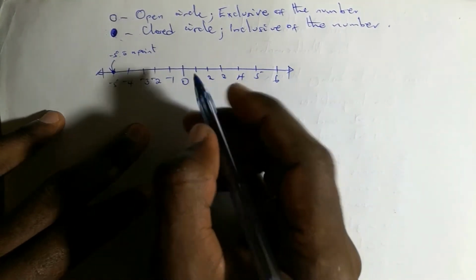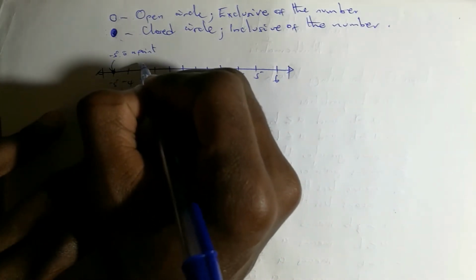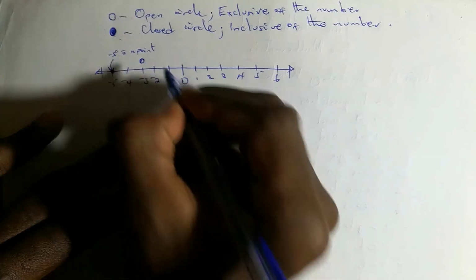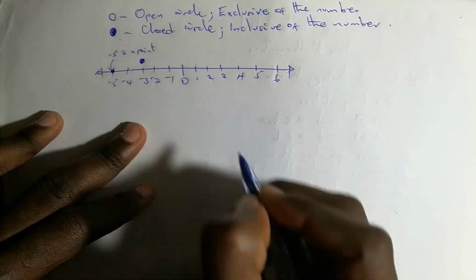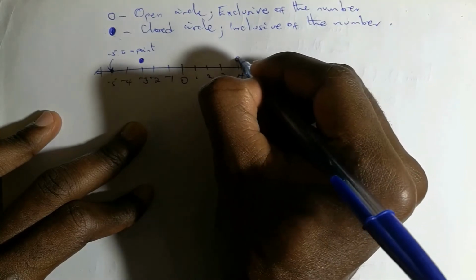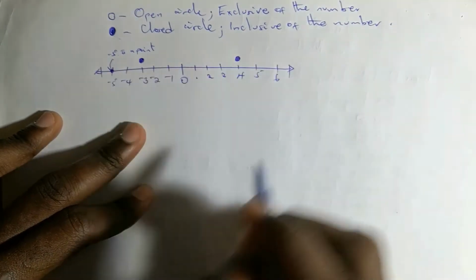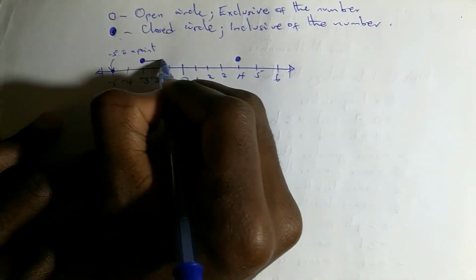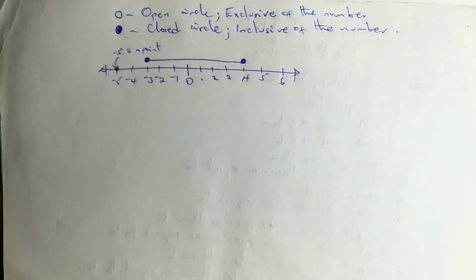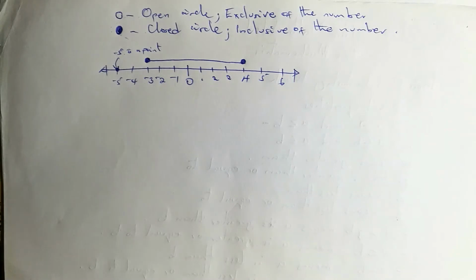So let me take an example of, let me say, -3 here. Let me make it a closed circle, and also another one at, let me say, 4 here, and make it also a closed circle. So under today's inequalities, we are going to basically be looking at a section like that.